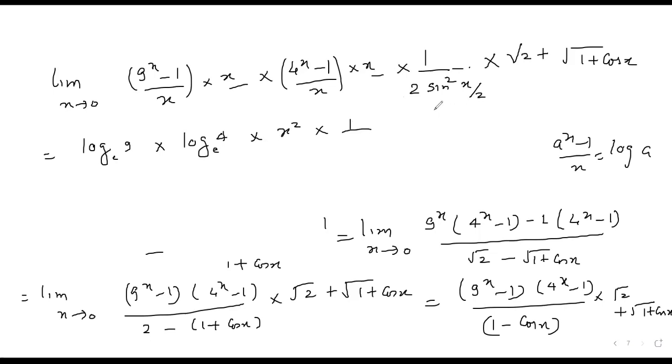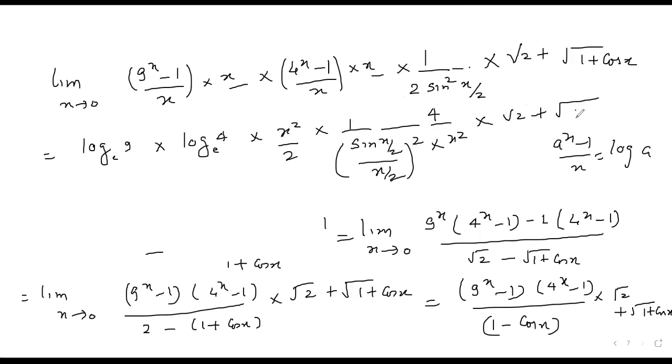We write 2 here, and here sine x by 2 divided by x by 2 whole square, and to cancel this we write x square by 4, so we can take 4 here, and root 2 plus root of 1 plus cos x.